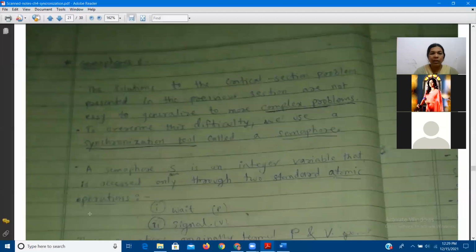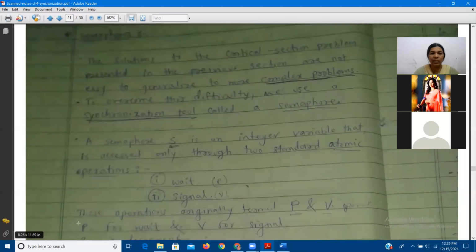A semaphore is represented with a variable, and the name of that variable is mostly capital S. S stands for semaphore. A semaphore S is an integer variable that is accessed only through two standard atomic operations.